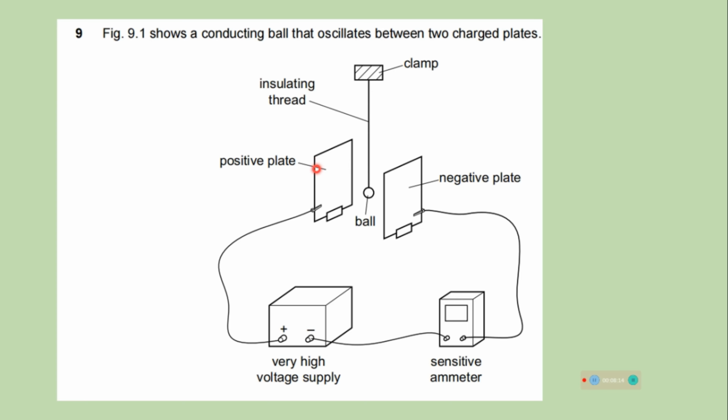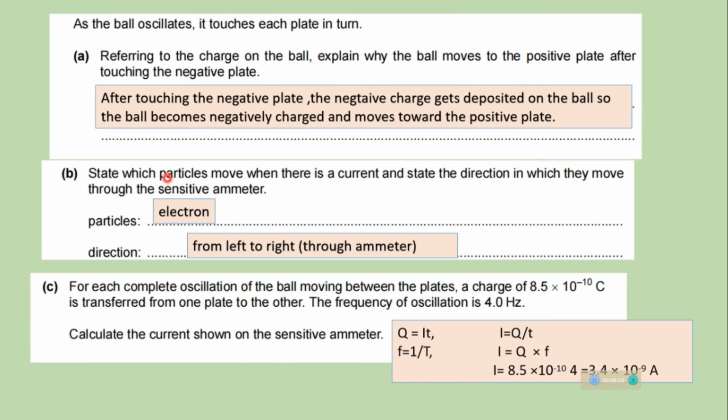So this is a positive plate, this is a negative plate. After touching the negative plate, negative charge gets deposited on the ball. So the ball becomes negatively charged and moves toward the positive plate.